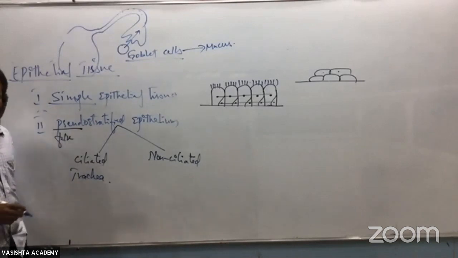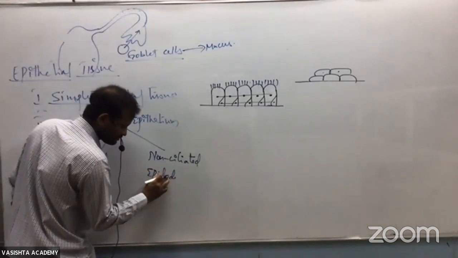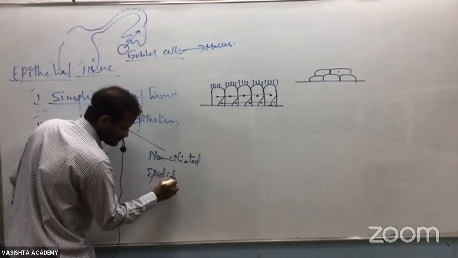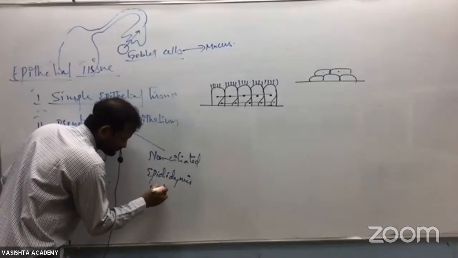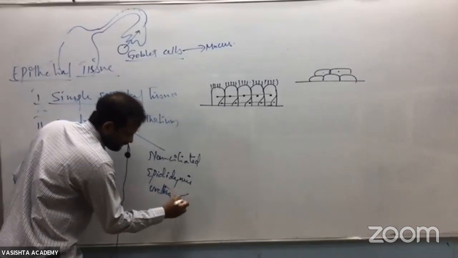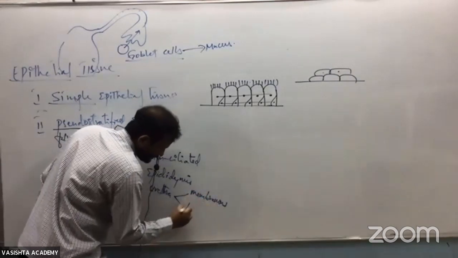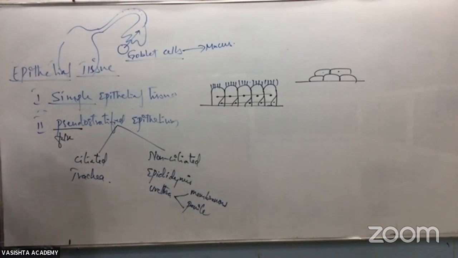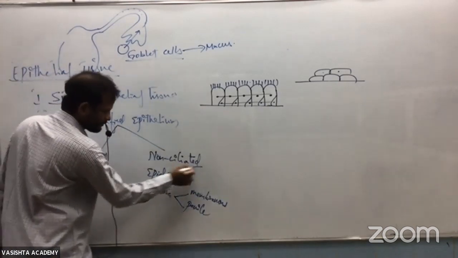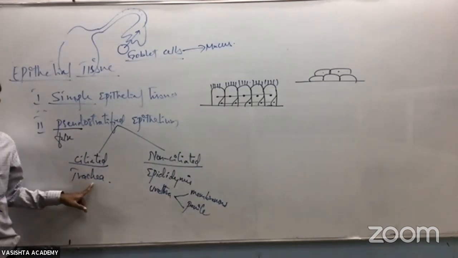And non-ciliated, epididymis, urethra membranous, and penile urethra. So, to understand that, trachea you can understand easily.